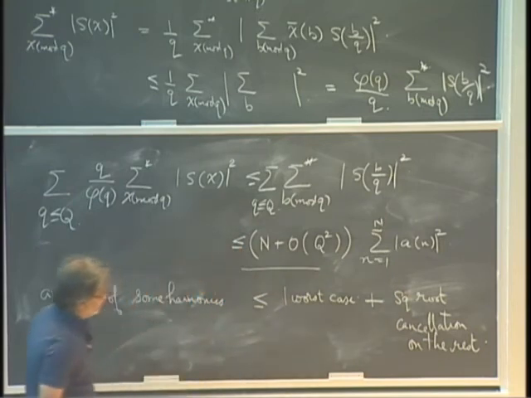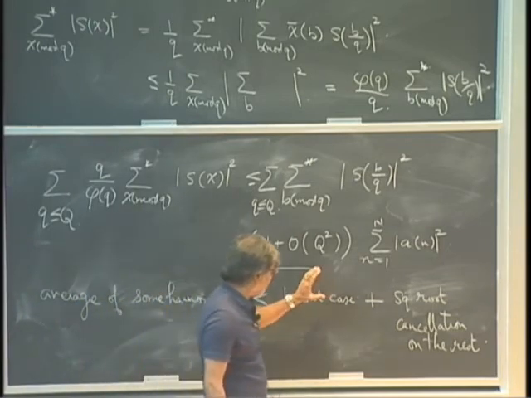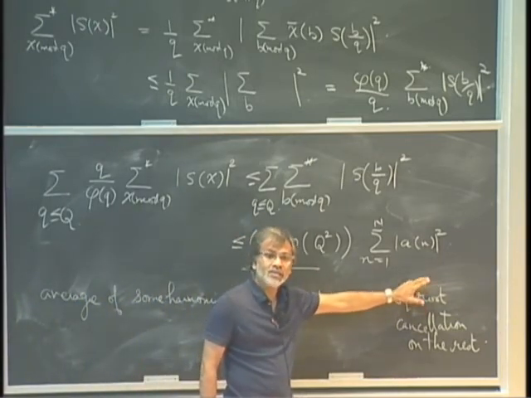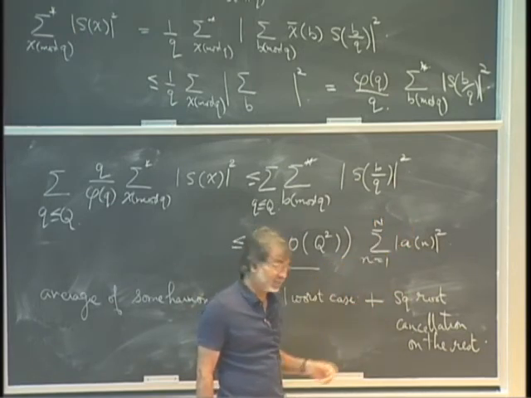Okay? Or this is what you should shoot for. You should always shoot for something of the form one worst case plus square root on the rest. Maybe you will prove it, maybe you won't. Okay? But that's the flavor of the large sieve.